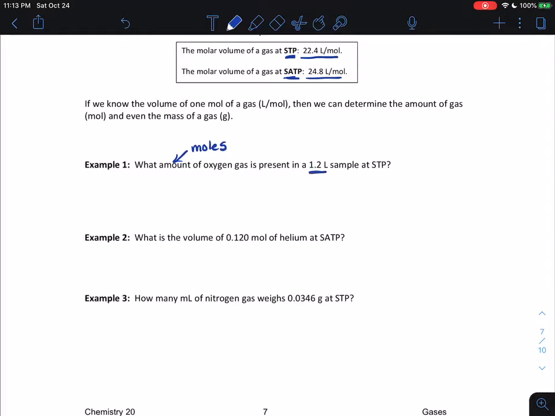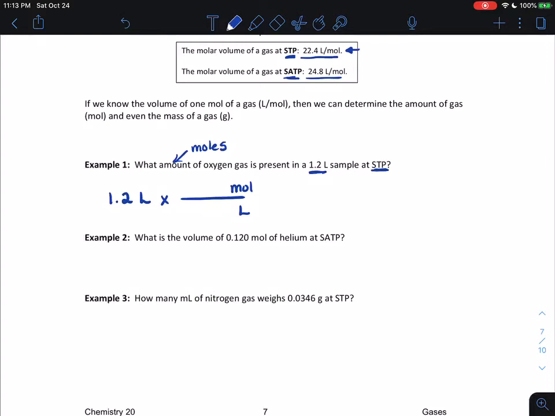So how do I solve this? Well, you start off by writing down the number that the question gives you, so 1.2 liters. And I know that it's at STP, so that gas sample, doesn't matter what it is, is going to occupy 22.4 liters. So I write liters in my denominator so it cancels out, and moles, which is what the question is asking for, on top.